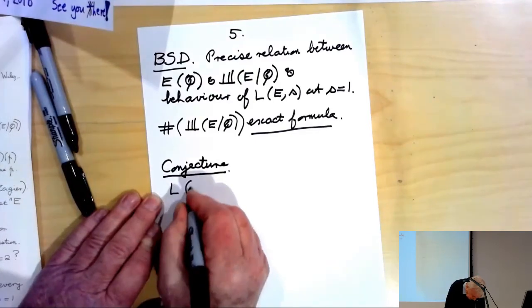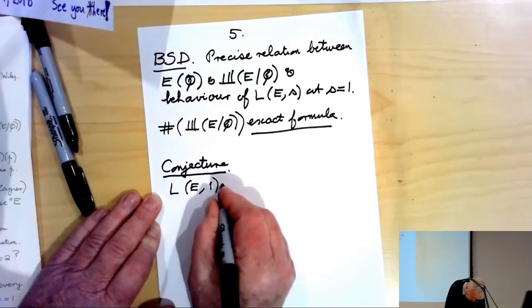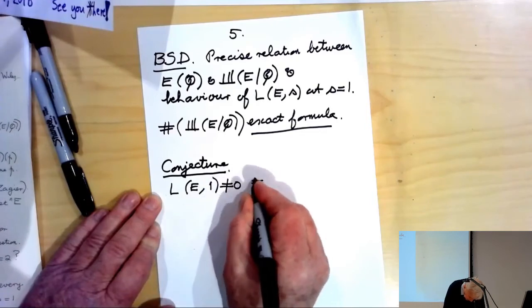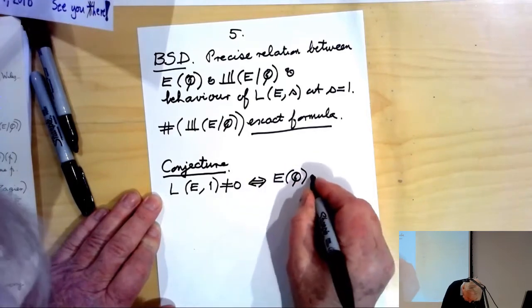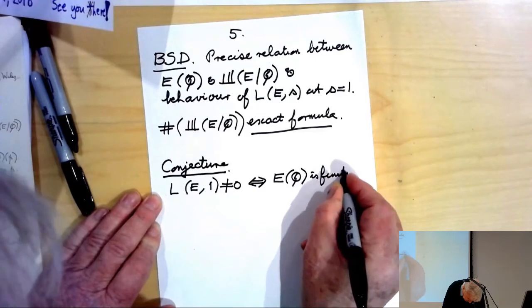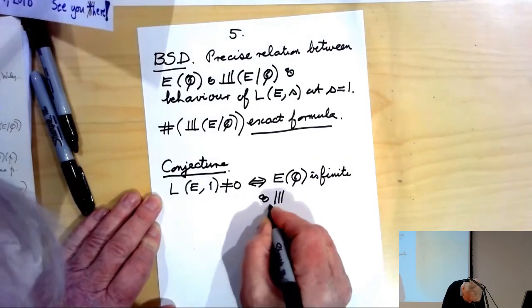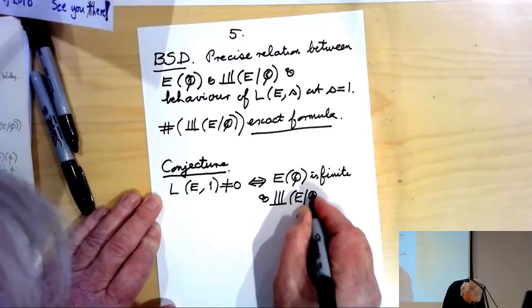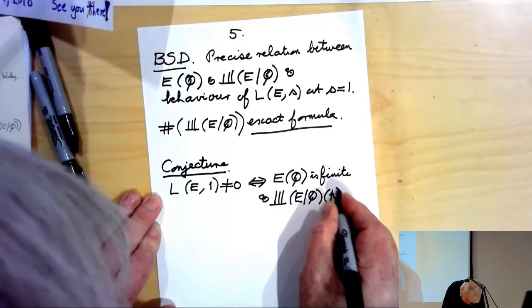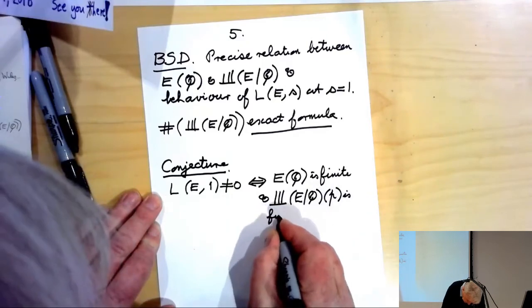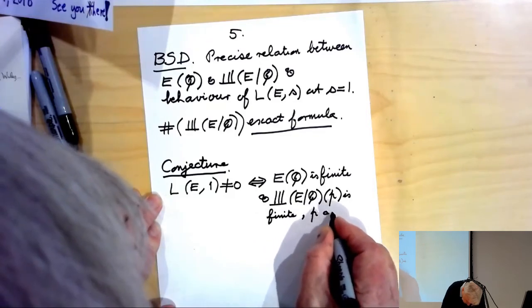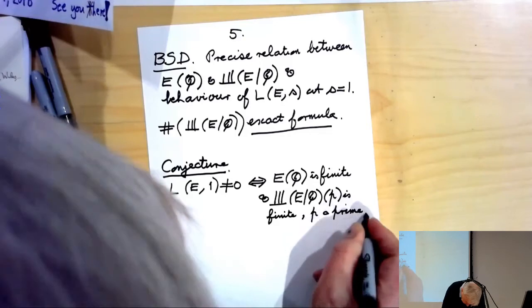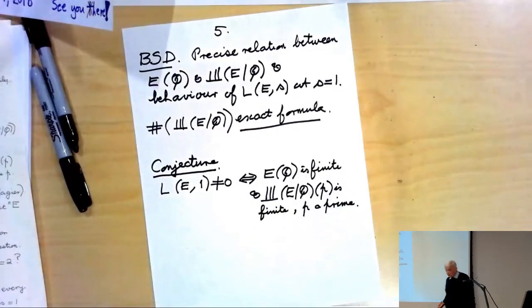Namely, the assertion is that L_E(1) is not zero if and only if E(Q) is finite and the Tate-Shafarevich group of E over Q, the p-primary part, is finite, where p is a prime. And this should be true for every prime p.